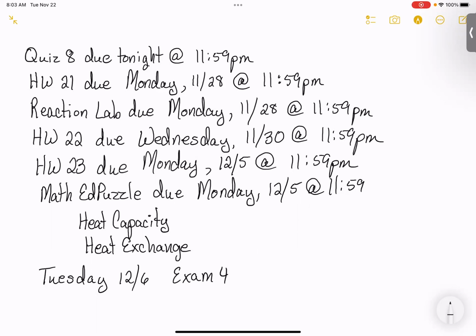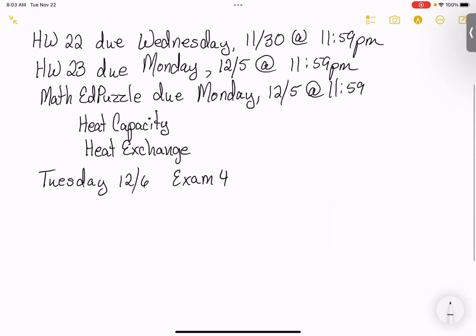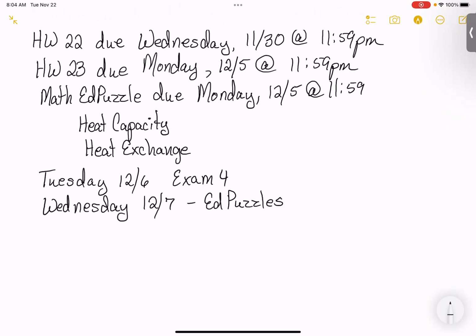Now, after exam number 4, I have due on Wednesday, 12/7, some more ed puzzles, and they're going to be over the gas laws, which is going to include Charles's, Boyle's, and combined gas law, and then there will be one over the ideal gas law.